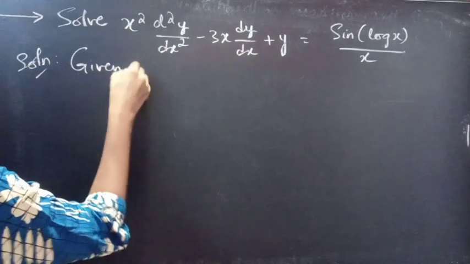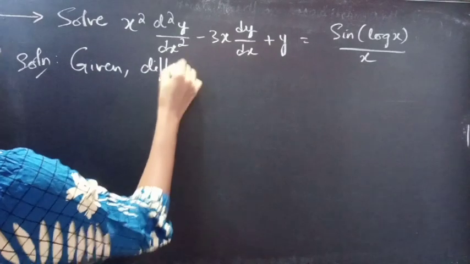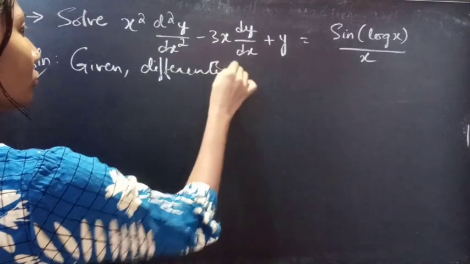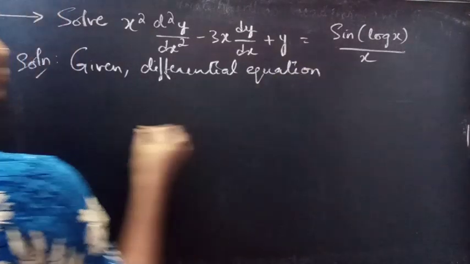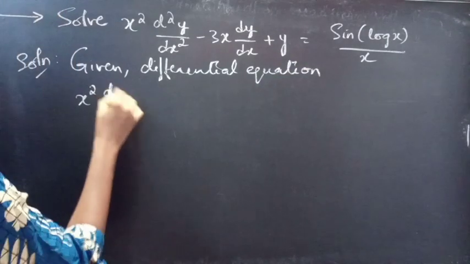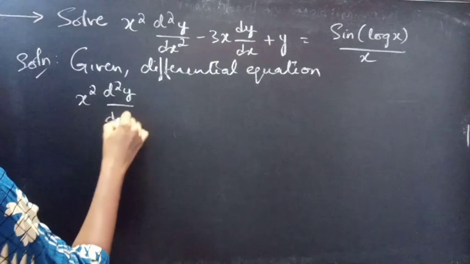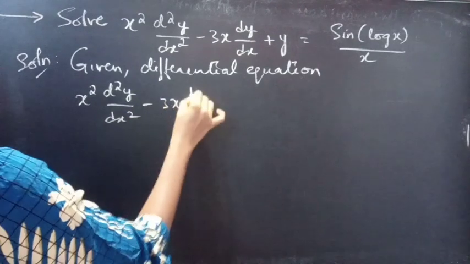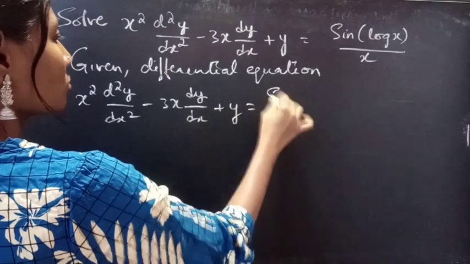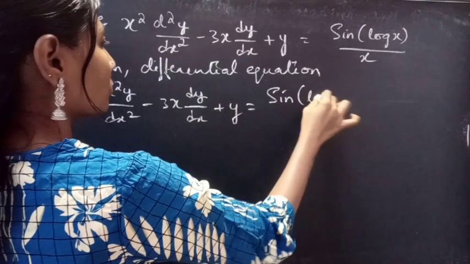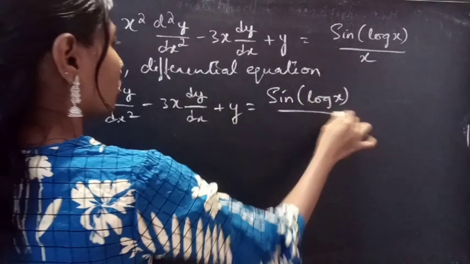Given differential equation x square into d square y by dx square minus 3x into dy by dx plus y equals to sine of log x by x.